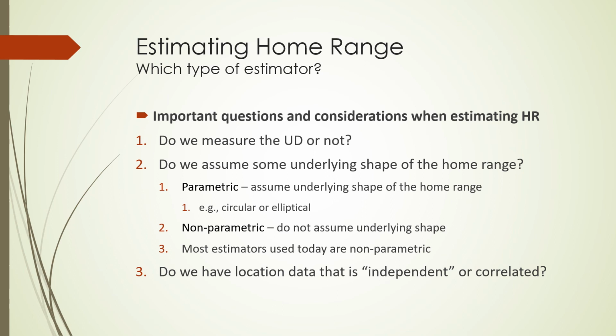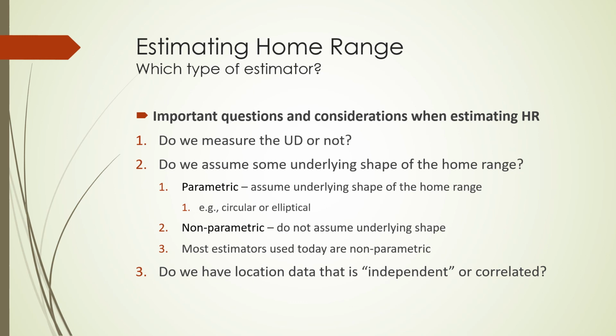We'll talk briefly about parametric home range estimators, where you're assuming some distribution or underlying shape. These tend to be not used very much anymore, but they're out there, so we should at least make you aware of them. Non-parametric estimators do not assume any underlying shape, and those are the ones, as I said, that are mostly used.